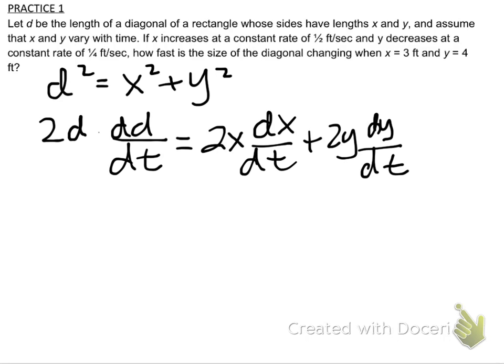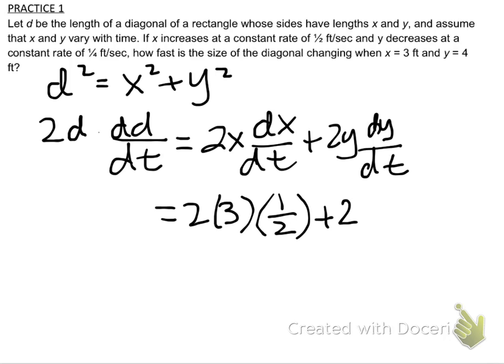Okay, so now I'm going to substitute the numbers that I know. Do I know d? I don't know d, right? That seems like a problem because now I feel like I don't know d and I don't know dD over dt. So let me leave that blank for now, but I do know that x equals 3, dx over dt is 1/2, y is 4, and dy over dt is negative 1 over 4.